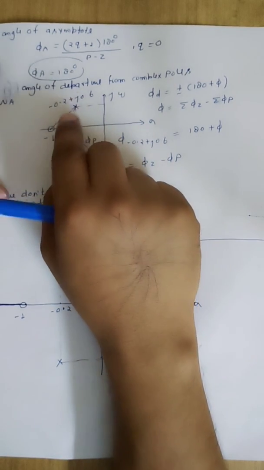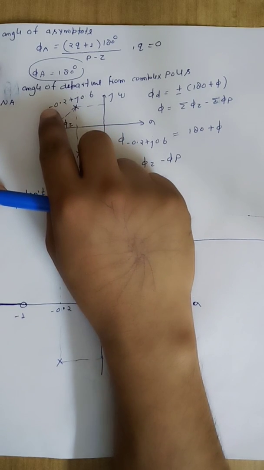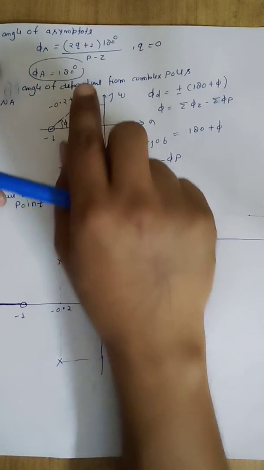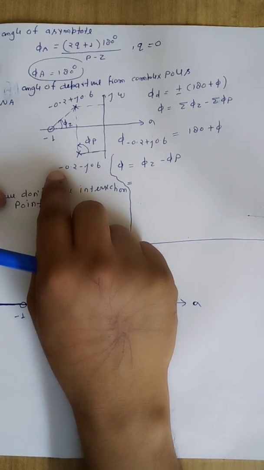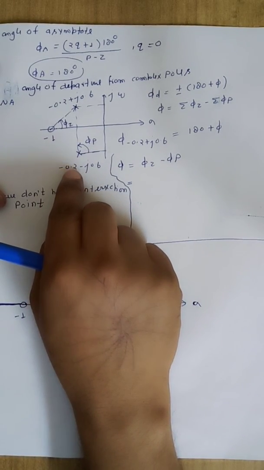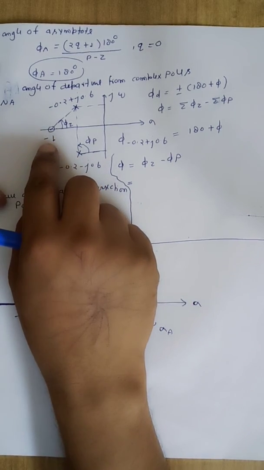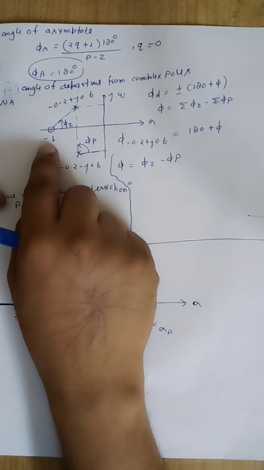So here we have one pole at minus 0.2 plus j 0.6. We have second pole at s equal to minus 0.2 minus j 0.6. We have one zero at s equal to minus 1.